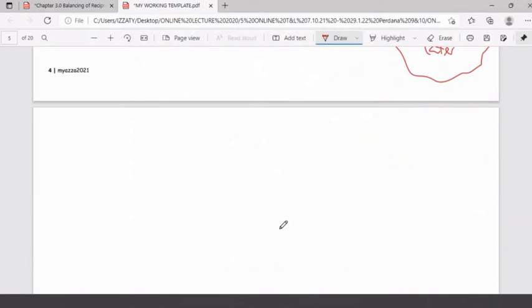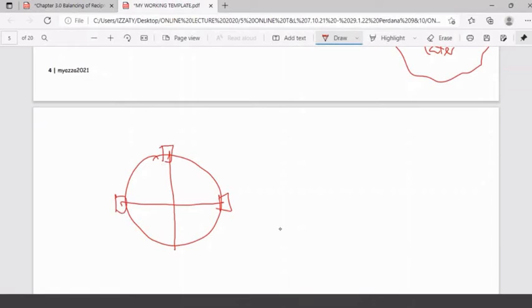Now 4 cylinders again. They are located around one circle. This one is your cylinder. For example, the crank will be located here. Everyone will be connected to the crank. This is the common crank.